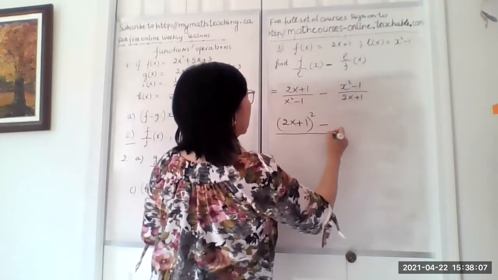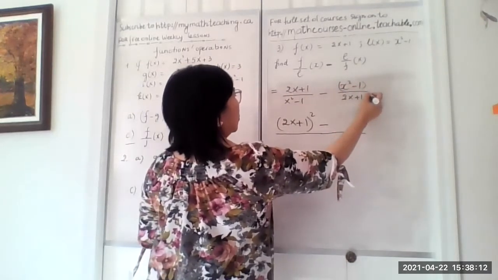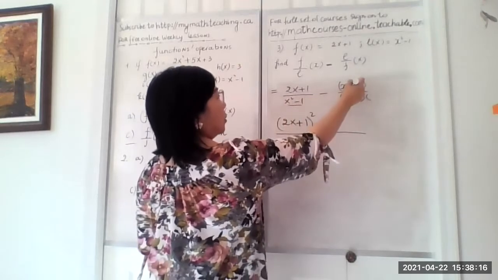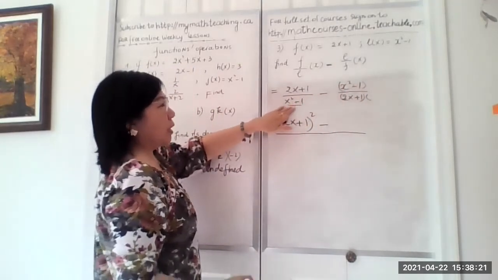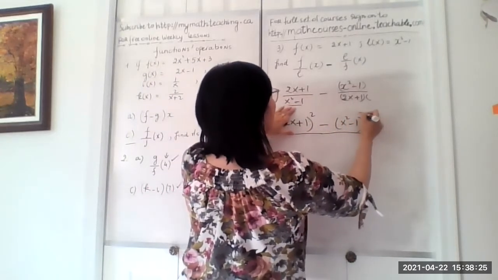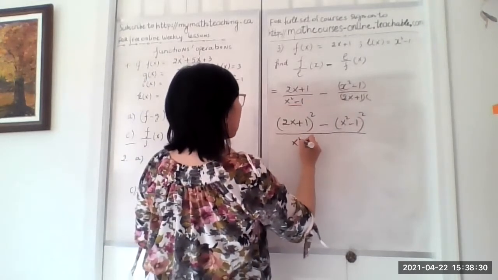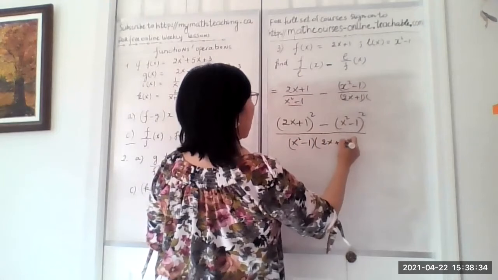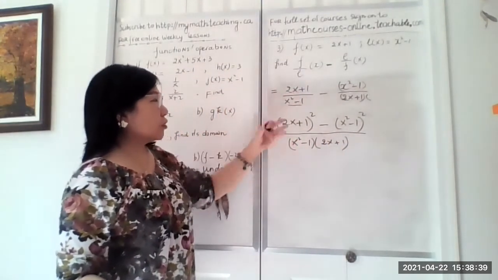Now the second function: this denominator has to be multiplied with this one, which is the top. We have to do the same, but the top is the same as this one. So again, I'm going to join this, x squared minus 1 to the power 2, and down here will be x squared minus 1 times 2x plus 1. So that's how we operate the subtract fraction.